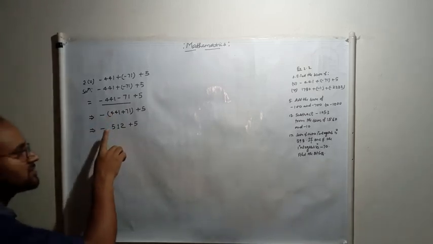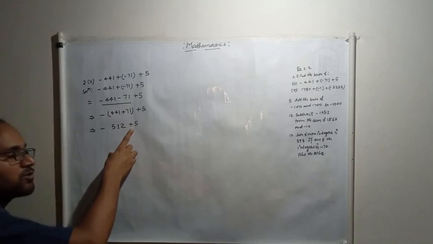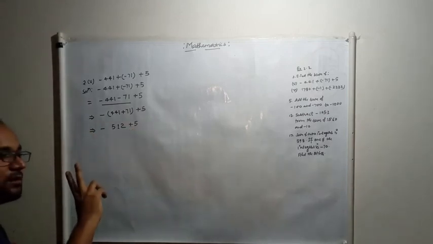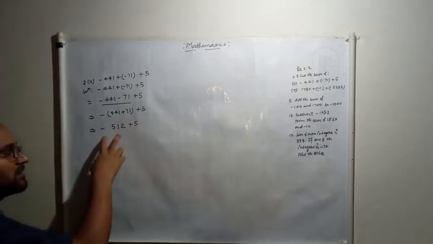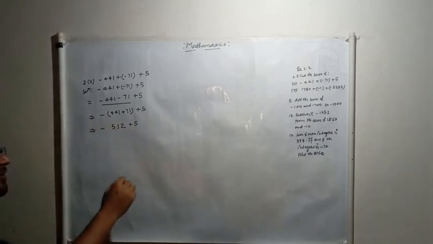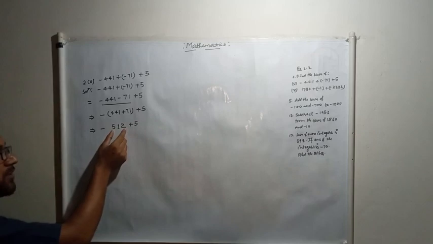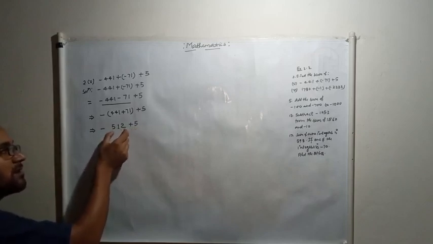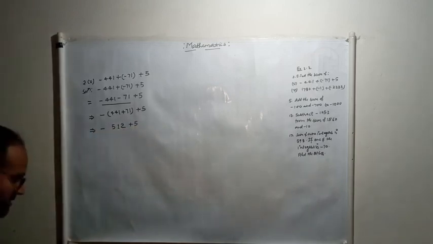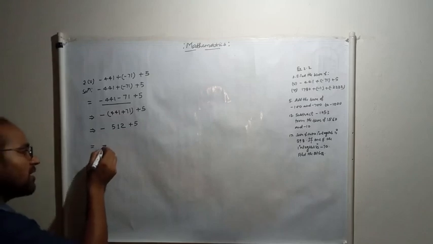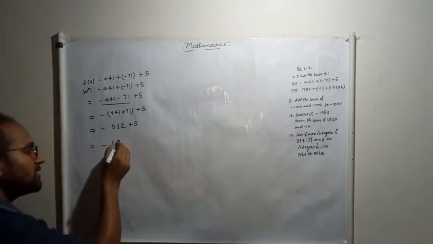So here you see, students, one is negative and the other is positive. When the integers have unlike signs, we always subtract the values and put the sign of the greater absolute value. In this one, 512 and 5, which is greater? 512, its sign is minus. So first we put the minus sign outside and subtract the two integers.